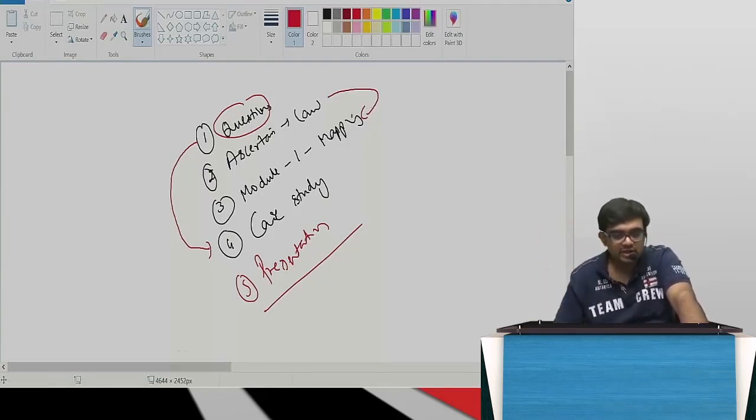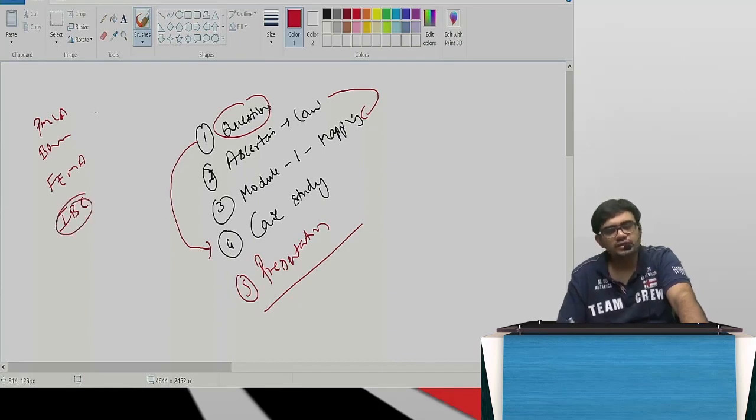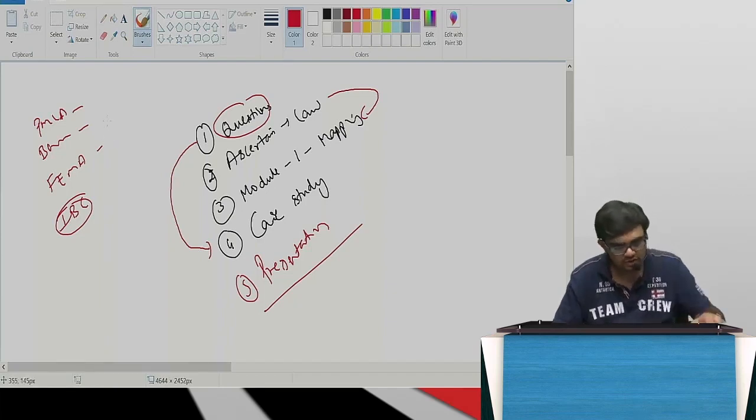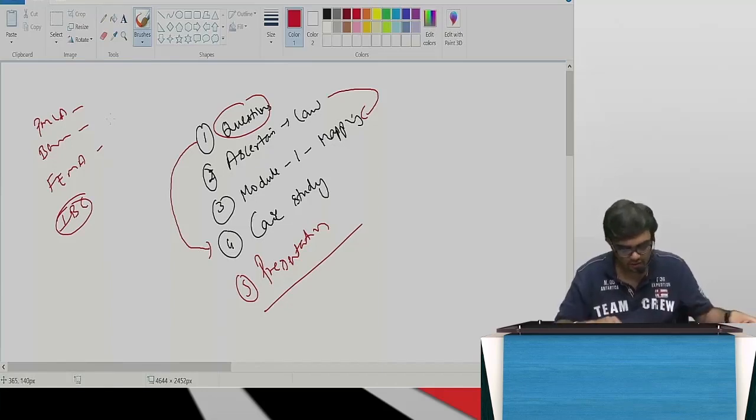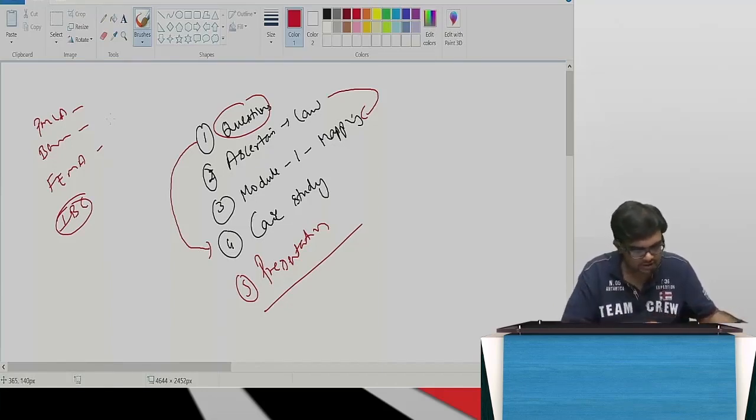So guys, this particular question has PMLA for sure, it has Benami for sure, it has FEMA for sure, right? One small concept of IBC is also there. Competition Act is not there in this. Did you see anything on the Competition Act? I didn't see anything related to the Competition Act.